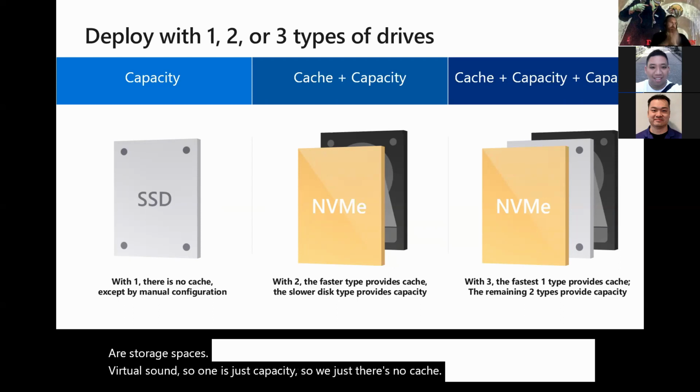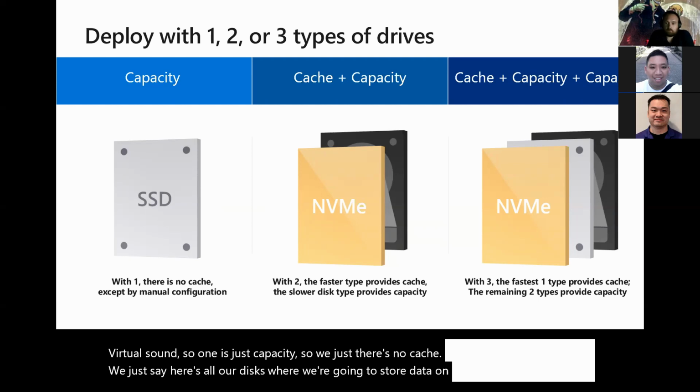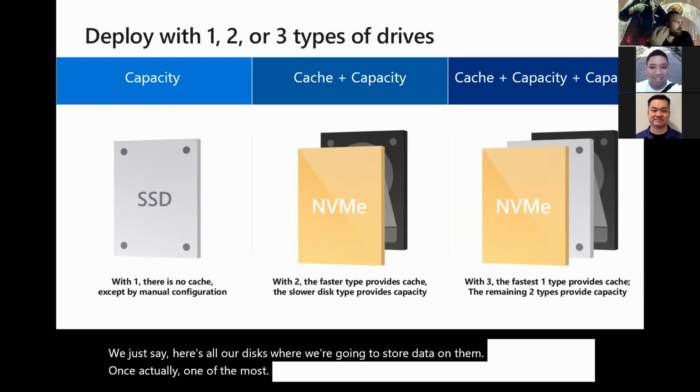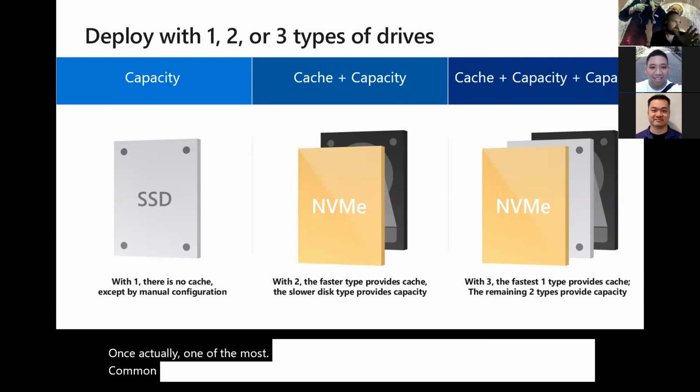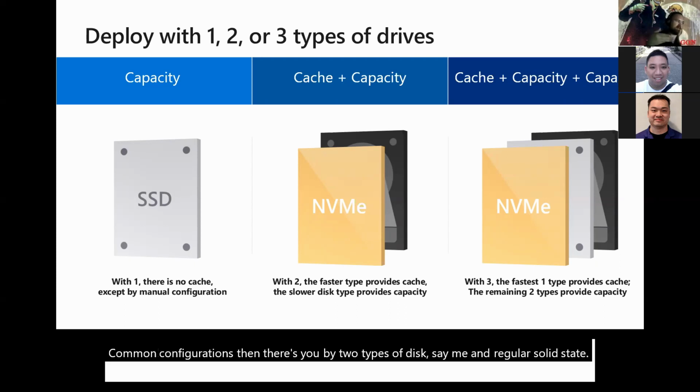We just say, here's all our disks, we're going to store data on them. It's actually one of the most common configurations. Then there's, you buy two types of disk, say NVMe and regular solid state, and NVMe acts as a cache for solid state.